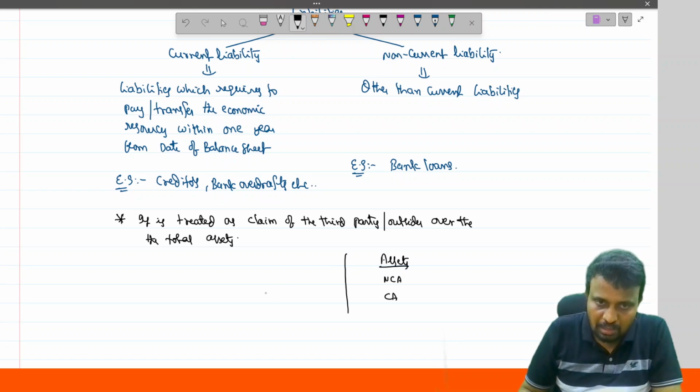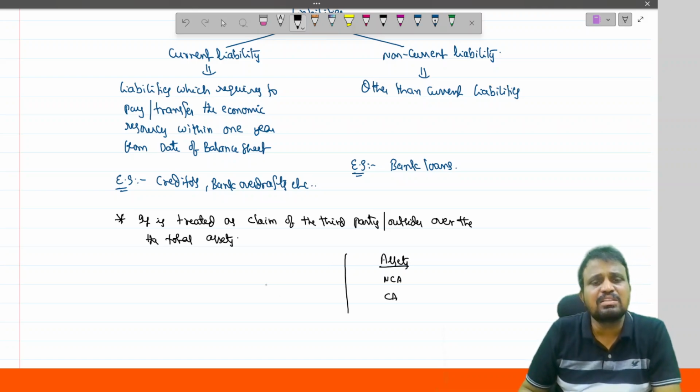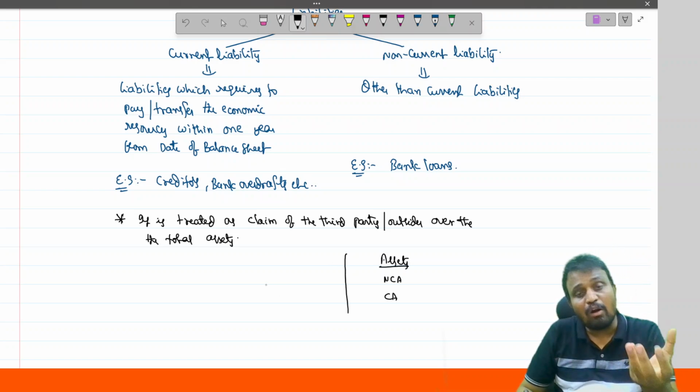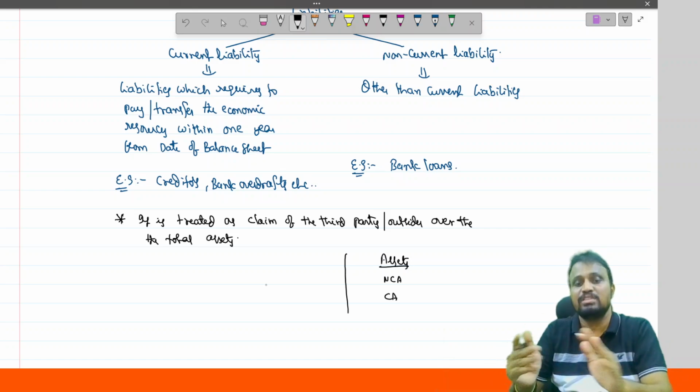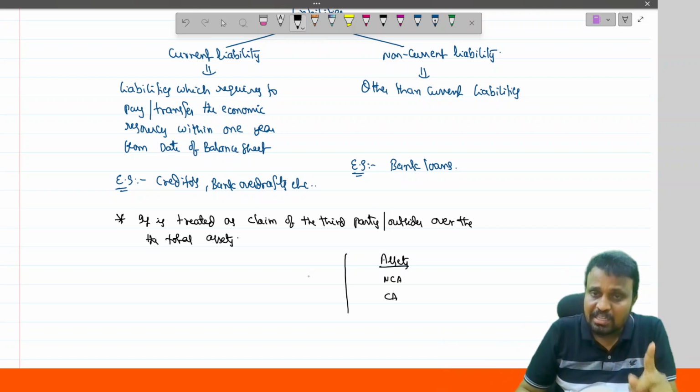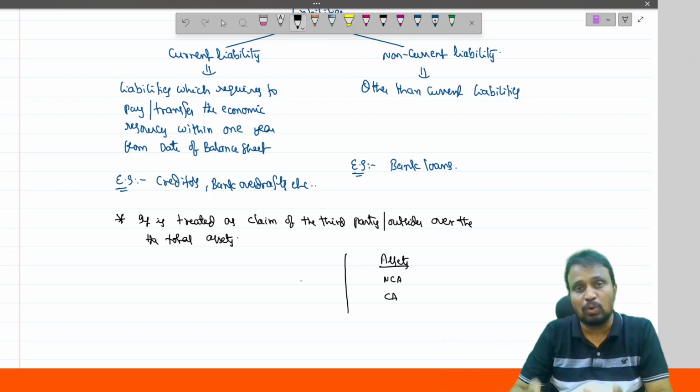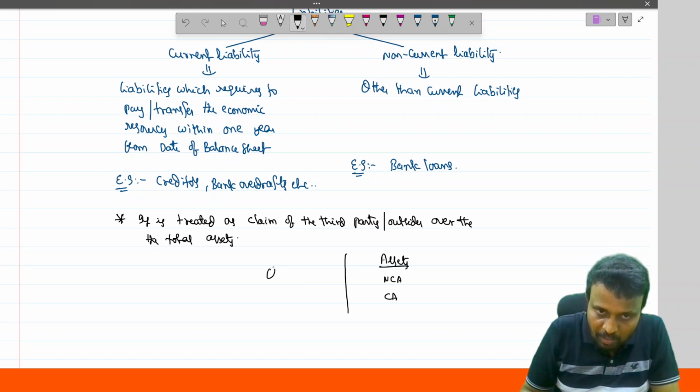So liability is nothing but the claim of the outsider over these assets. Generally, two parties have a claim over the total assets of the entity. One is the owner, and another one is the third party or the outsider.